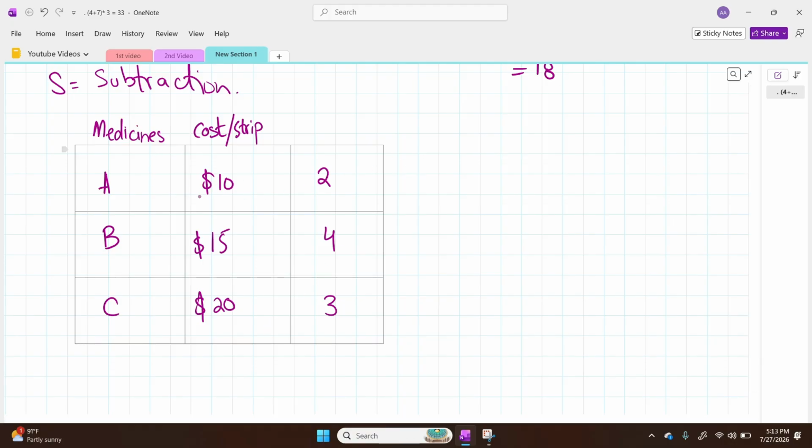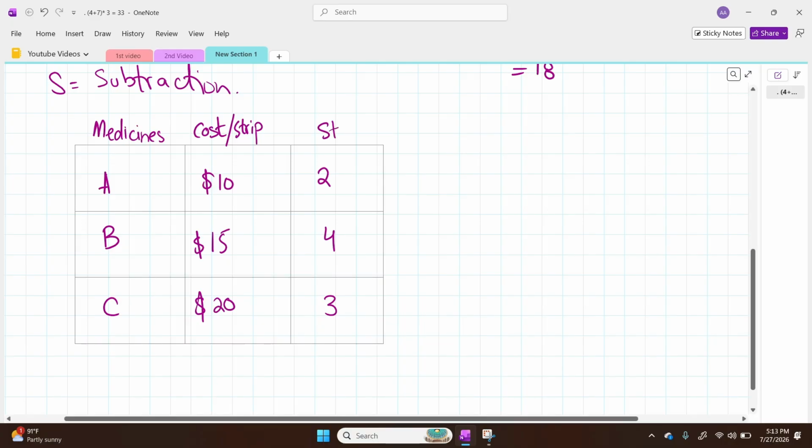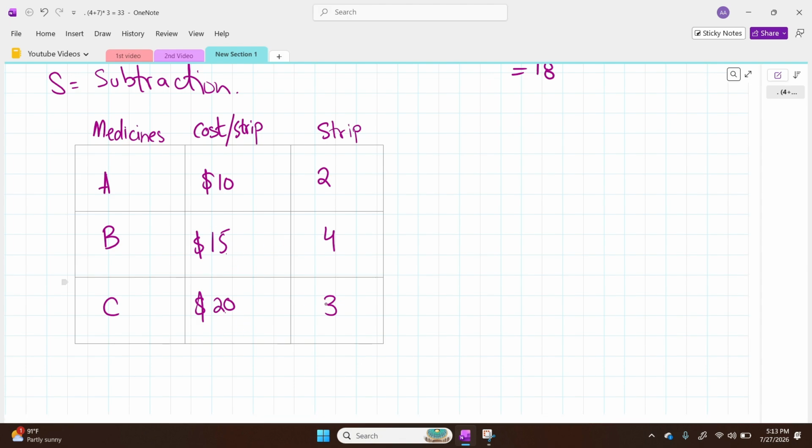According to the BODMAS rule, for the total cost, you have to multiply the number of strips by the cost. 4 strips, you multiply 4 with the 15, and 20 with the 3.